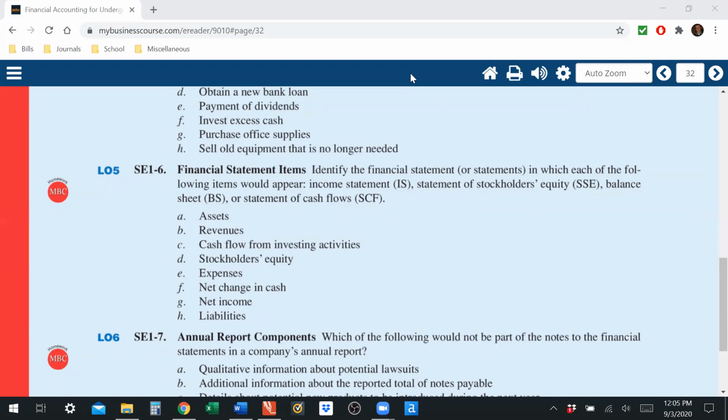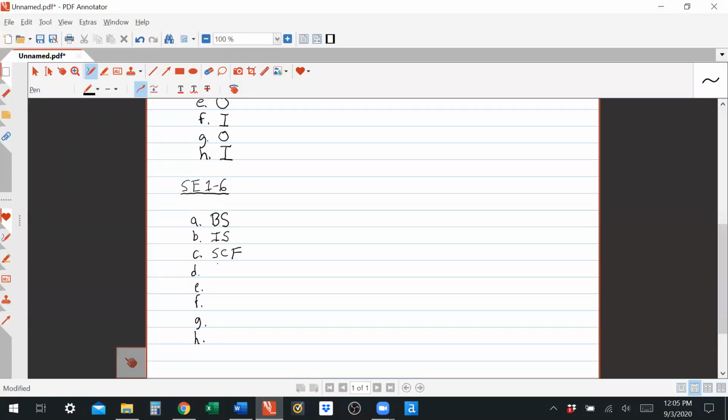And then the ending balance of stockholders equity goes on the balance sheet. So I should put the statement of stockholders equity first, because that's the statement you have to prepare first to get the ending balance, and then the balance sheet. So it appears first here, and then here.